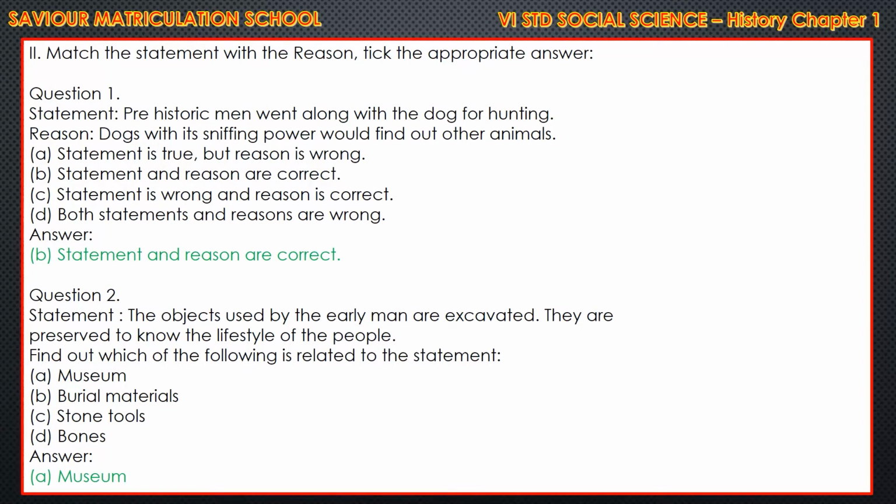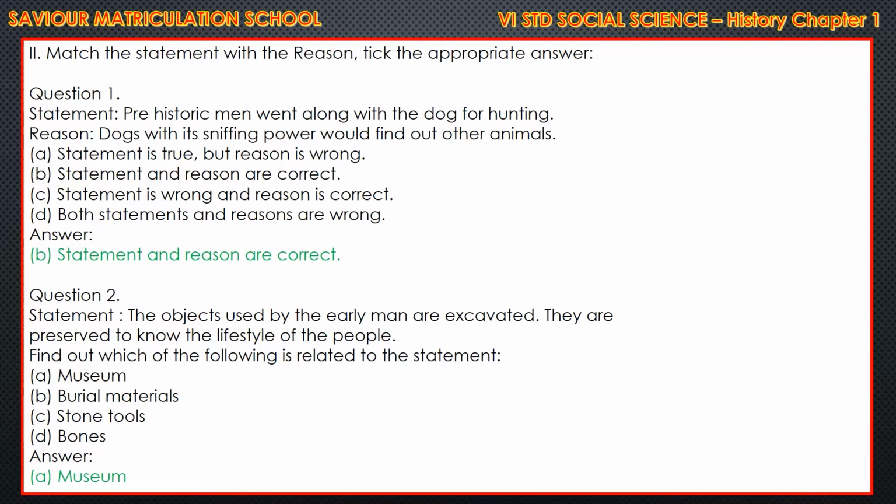The statement is, prehistoric man went along with a dog for hunting. And the reason is, dogs with its sniffing power would find out other animals. Here, the correct answer is B. Both the statement and the reason are correct.